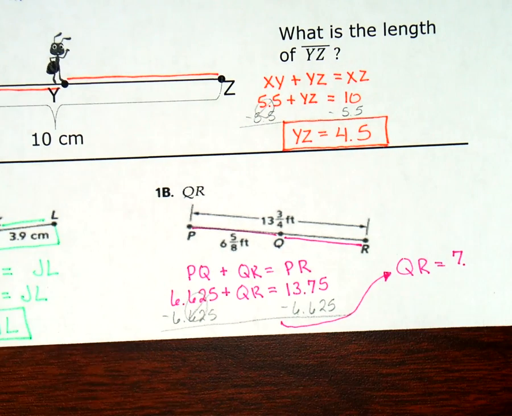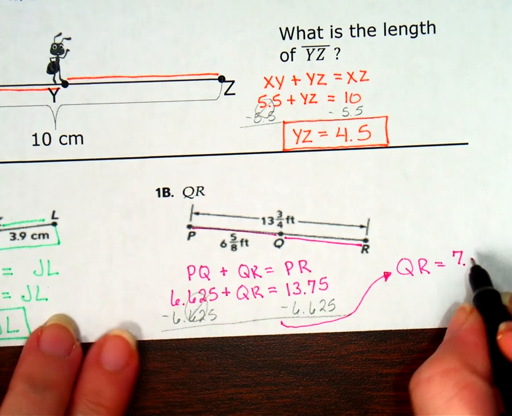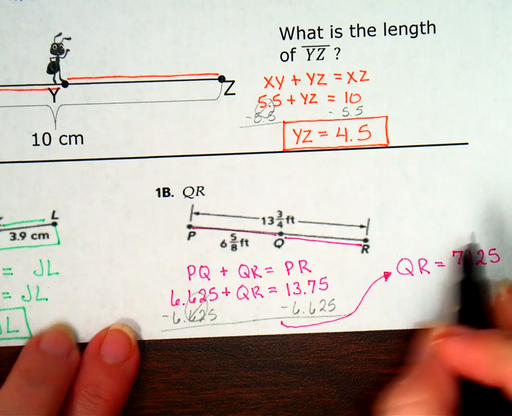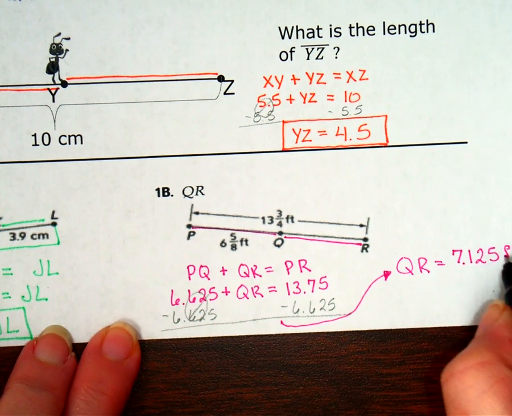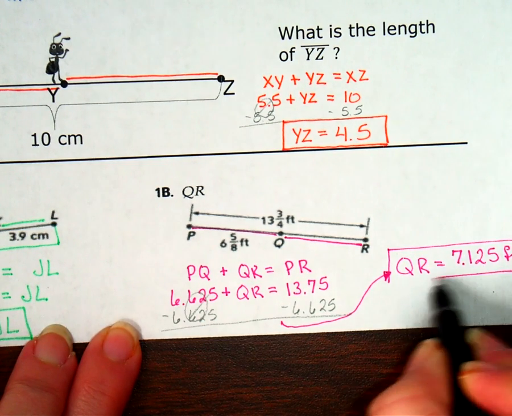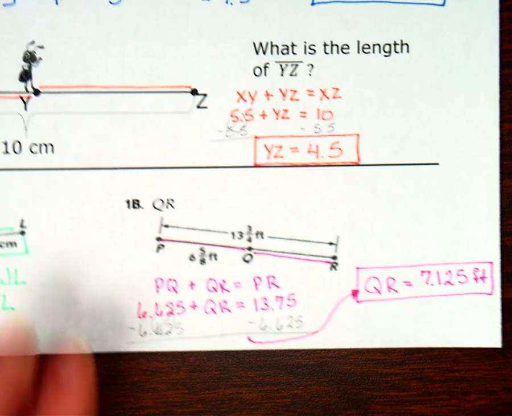I think I wrote that down wrong. 13.75, putting it in my phone calculator, minus 6.625 is 7.125. And my units here are feet. I forgot to put the units on the last one. That's not good of me. 7.125 feet.